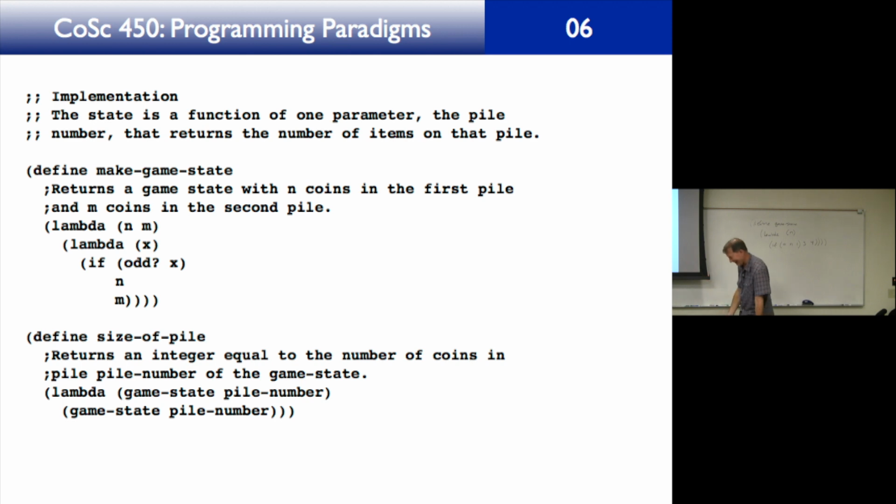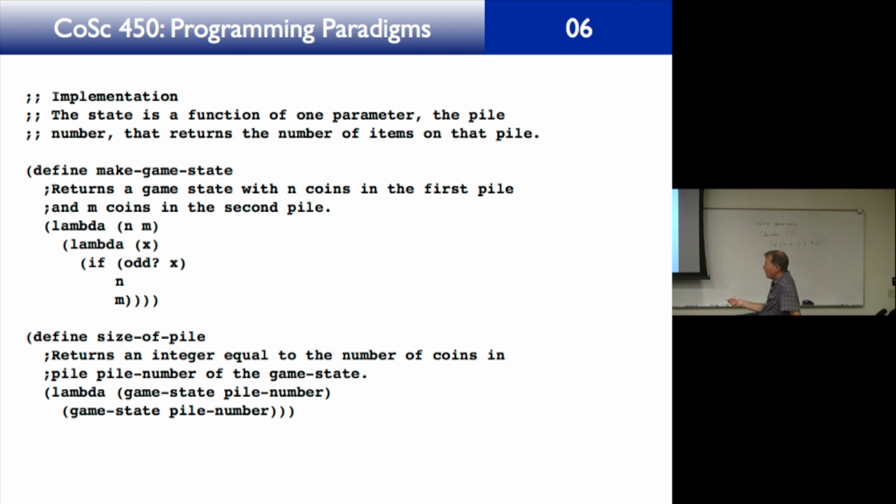Yeah, I know this is weird. I understand why this is hard to understand. But look. Okay, first of all, you understand that this lambda game state pile number, this game state and this pile number are the formal parameters of size of pile. Are you with me?